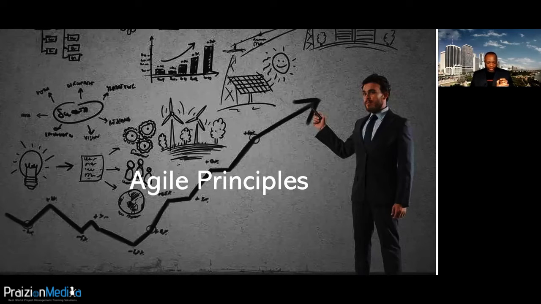Note the word constant pace indefinitely. 9, continuous attention to technical excellence and good design enhances agility. 10, simplicity, the art of maximizing the amount of work not done, is essential. 11, the best architectures, requirements, and designs emerge from self-organizing teams. And 12, at regular intervals, the team reflects on how to become more effective, then tunes and adjusts its behavior accordingly.